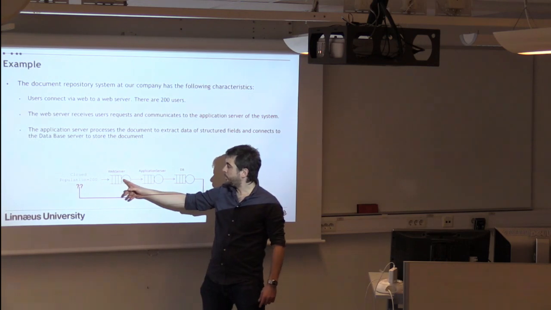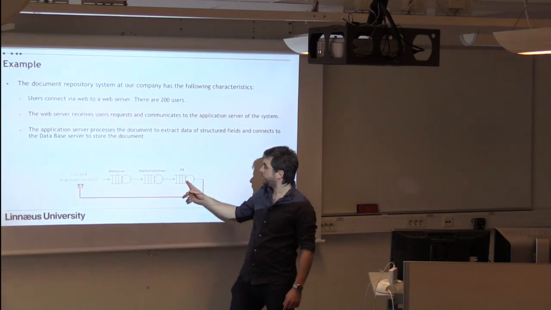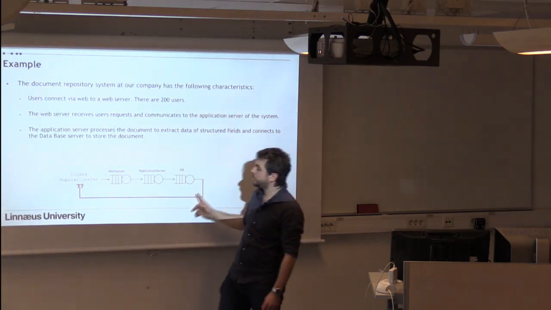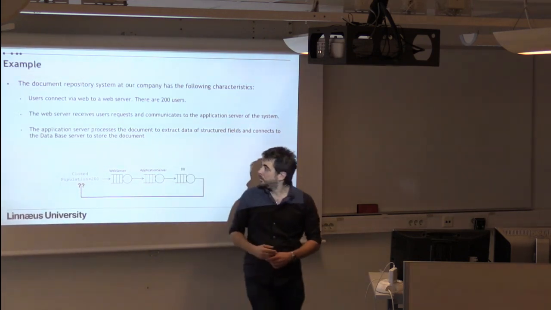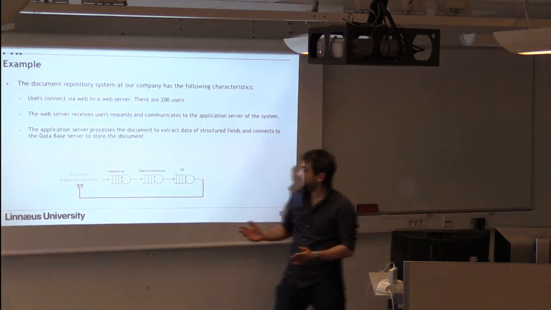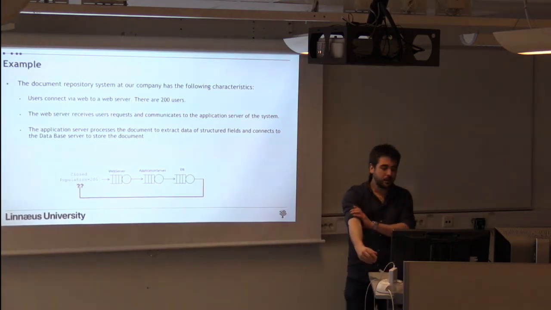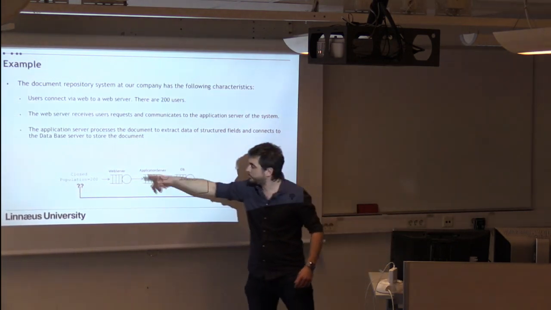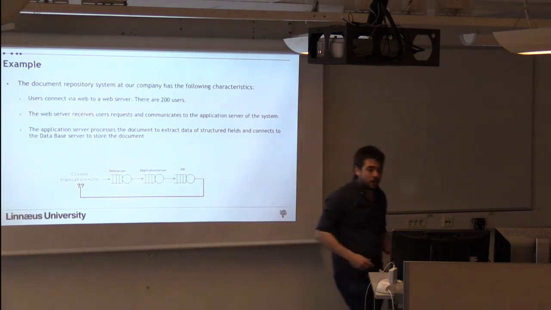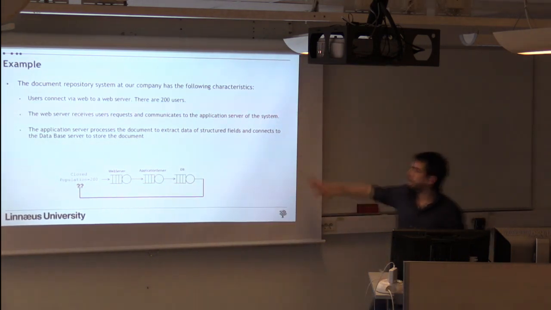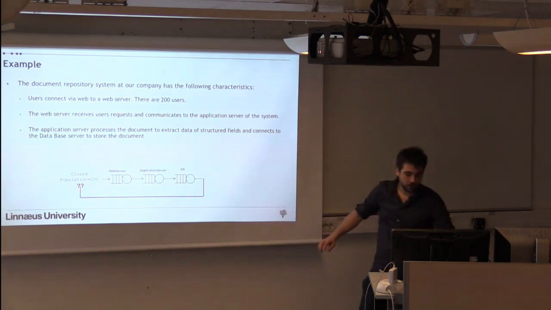First, it goes to a web server. When it finishes, it will go to an application server. When it finishes, it will go to a database, and then we'll come back. We don't have anything else. So what is going to happen with the population and with the service times, we can have more information. So this is everything we can do.